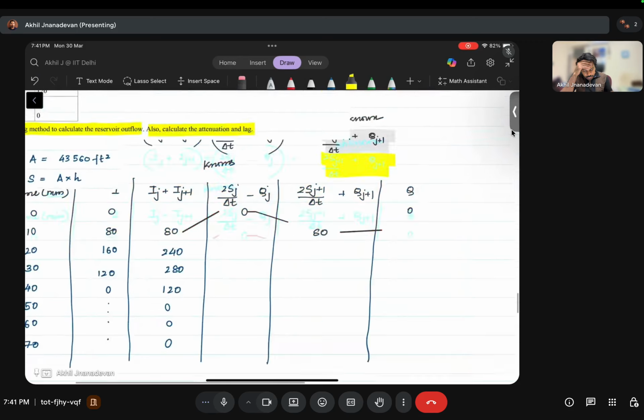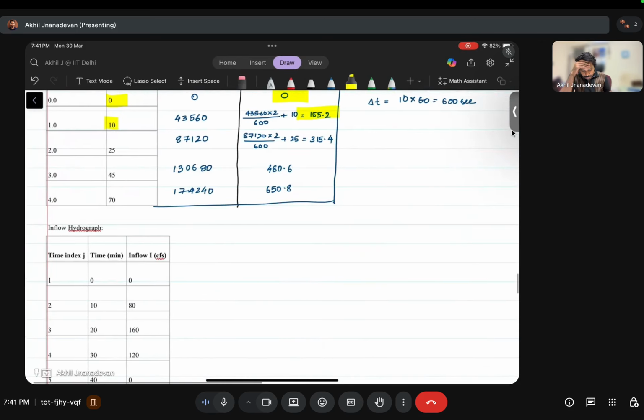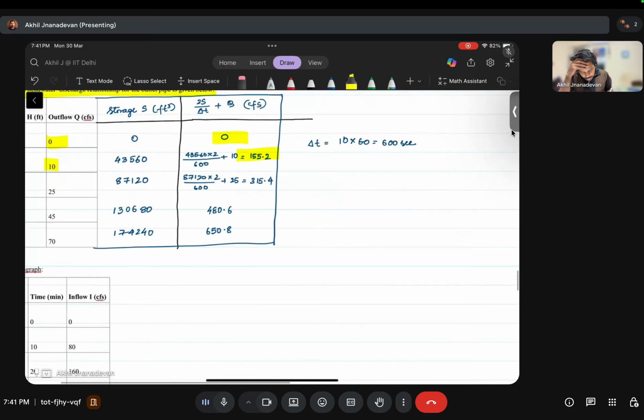So here I can show you the sample calculation. We have 2S by delta t plus Q is equal to 80, and we need to derive what our Q is from this. Q lies between 0 and 10, when this lies between 0 and 155.2.